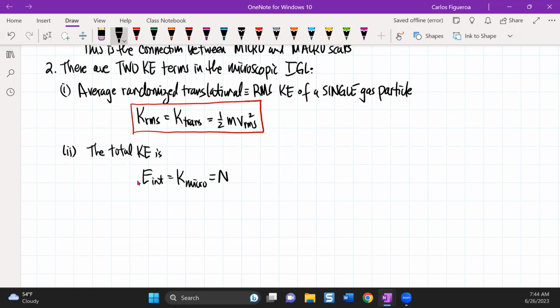And that is the total number of particles with K RMS. We've been saying that this was the internal energy, but we've never really said very much about it other than this.